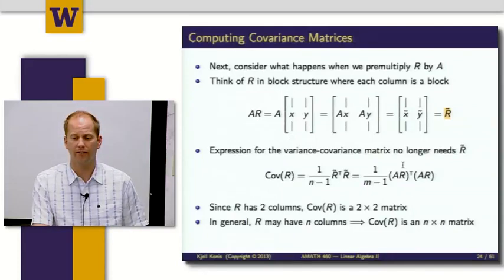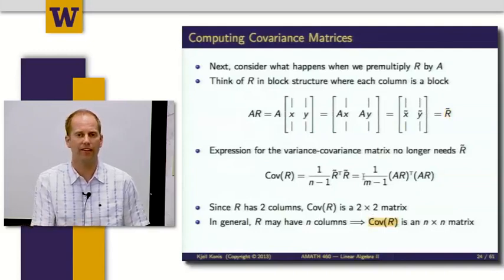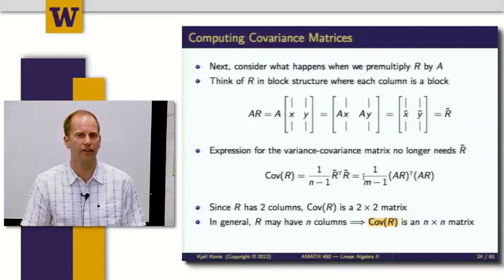And so if R has n columns, then the covariance matrix for R is going to be an n by n matrix. And what you'll end up with then is the diagonal elements are going to be the sample variances for the columns, and then the off-diagonal elements will be the sample covariances for that particular row and that particular column.